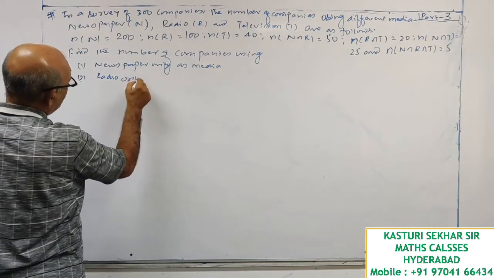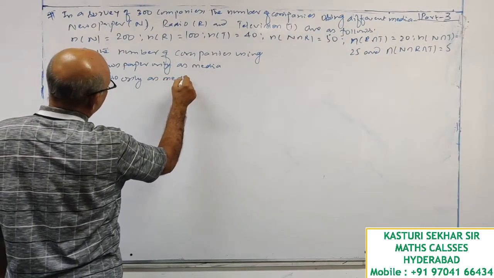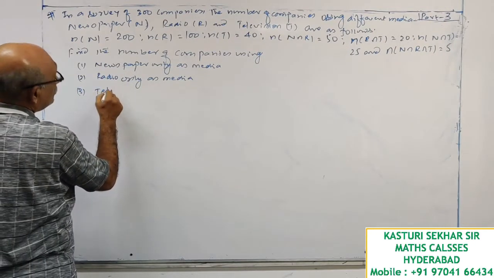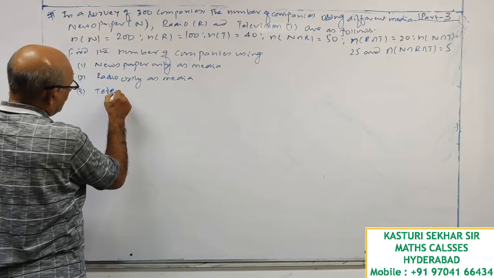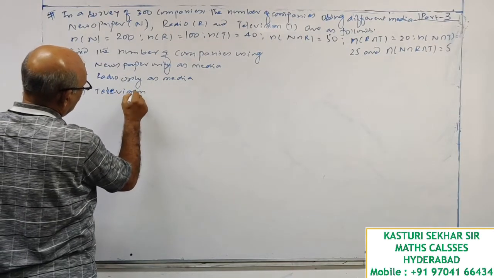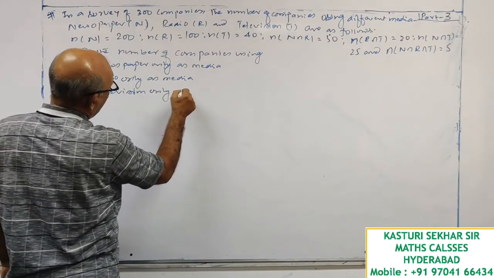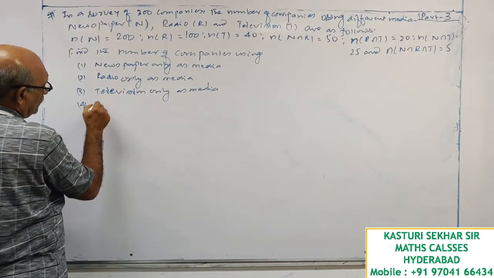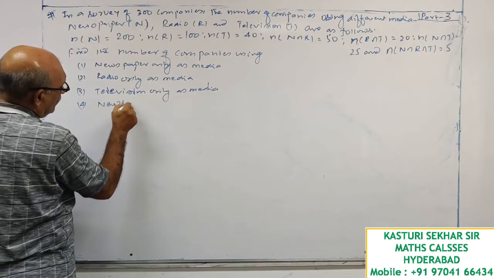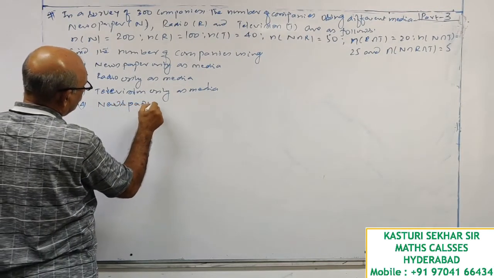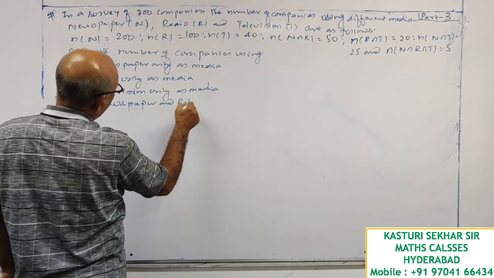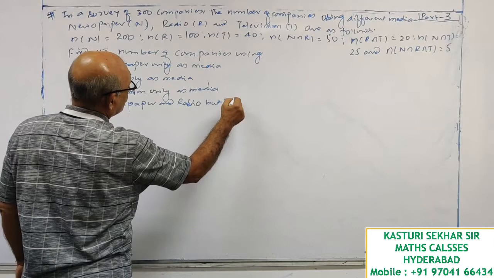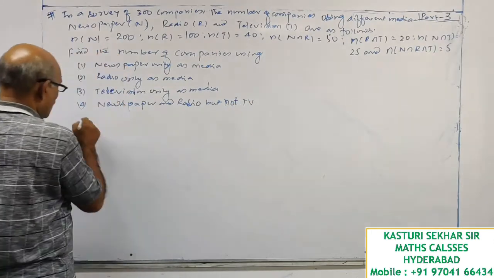Radio only as media. Television only as media. Fourth one, newspaper and radio but not TV. Fifth one, newspaper and TV but not radio.